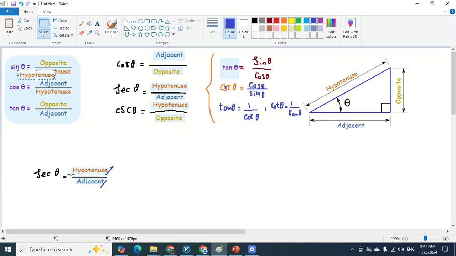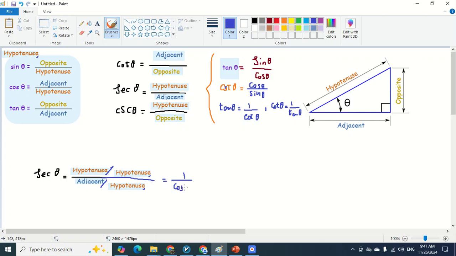Let me extend that fraction: you will find it as 1 over adjacent over hypotenuse, and adjacent over hypotenuse is cosine of theta.